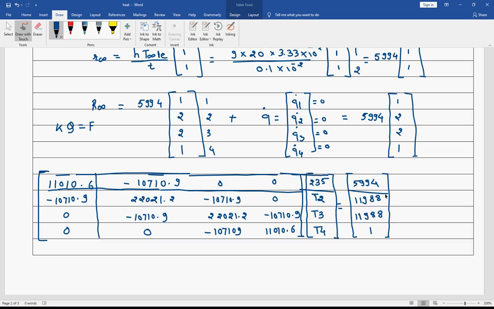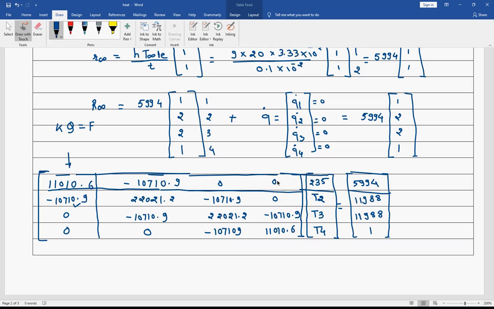But now I cannot do it because this into T2 is some value, and that has to be added on this side. Of course, this value is also there, so I can eliminate this row, there is no issue, but this column is there, see, 10710.9.